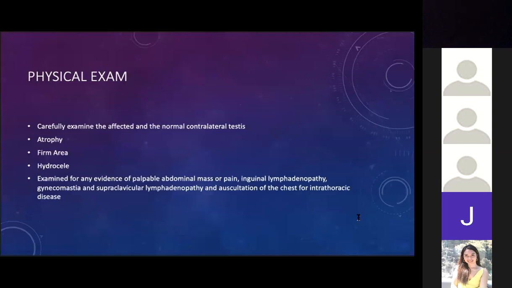A hydrocele may accompany a testis cancer and impair the examiner's ability to evaluate the testis. Also examine for any evidence of palpable abdominal mass or pain, inguinal lymphadenopathy, and auscultate the chest for intrathoracic disease.